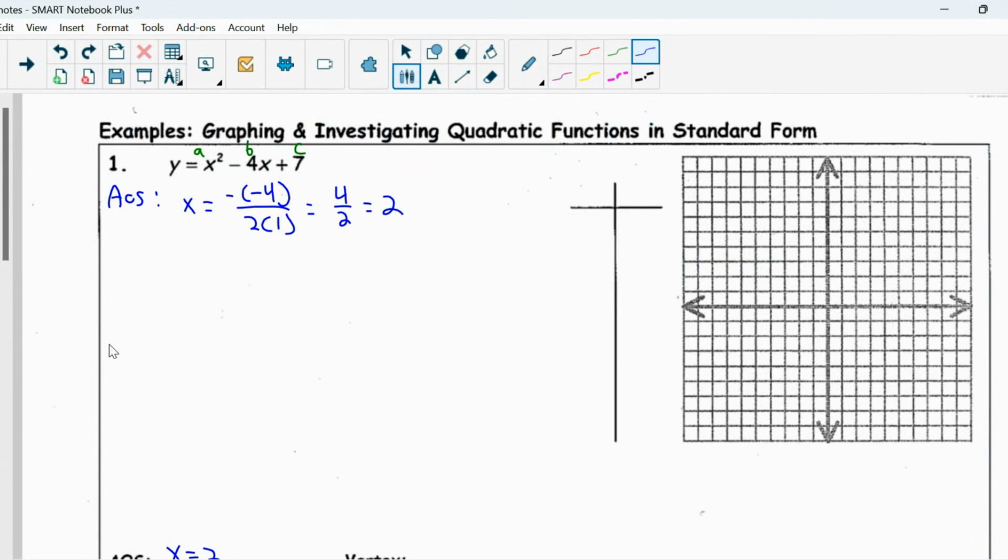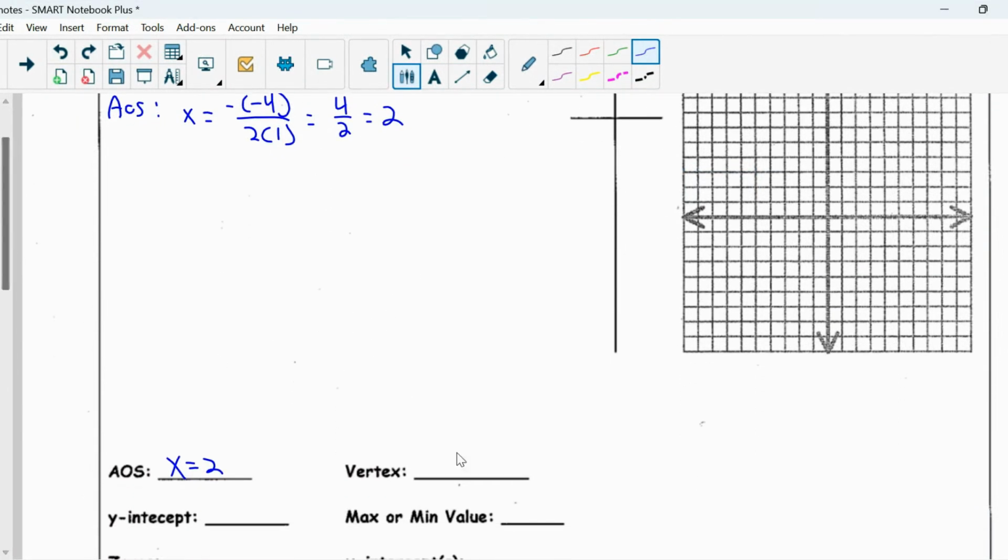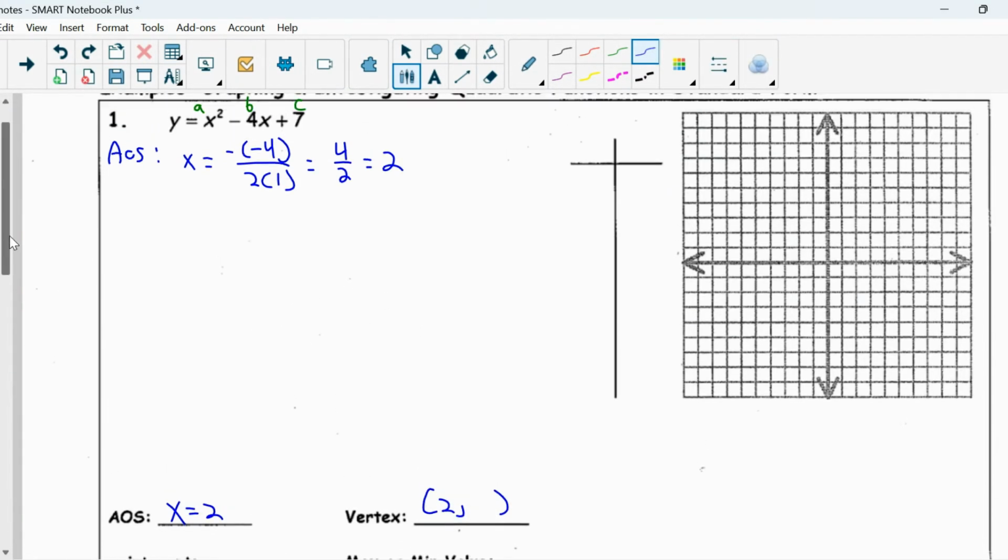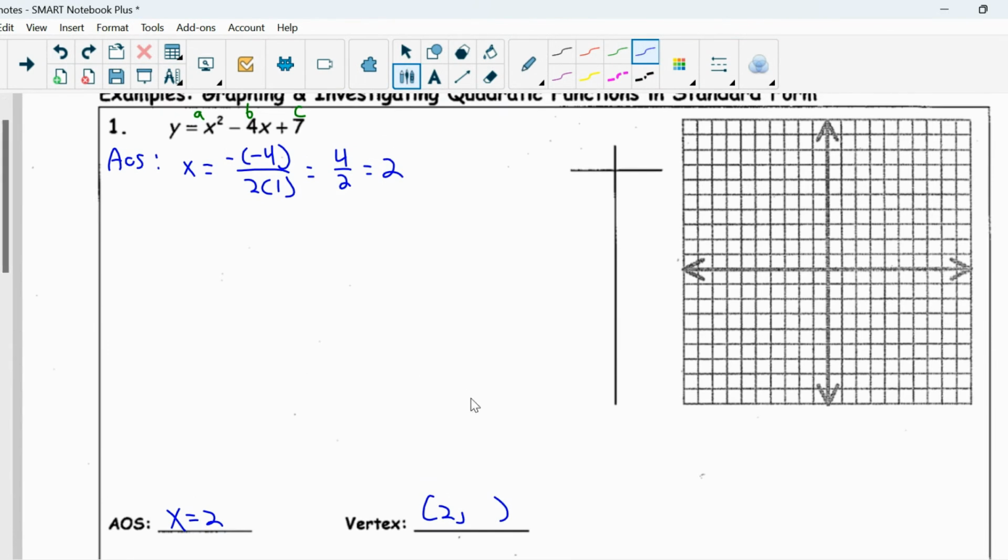So, like we talked about, the next blank here is vertex. The axis of symmetry allows us to find the vertex by plugging our x coordinate into our quadratic to solve for y. So let's plug in 2 to solve for y. So we have y equals 2 squared minus 4 times 2 plus 7.